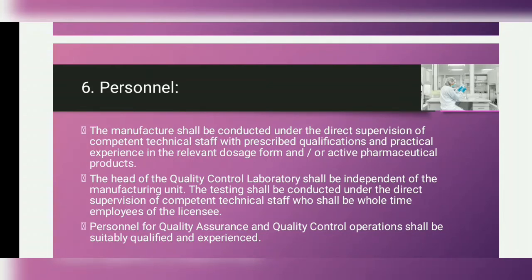The testing should be conducted under the direct supervision of competent technical staff who must be a whole-time employee of the licensee. Personnel for quality assurance and quality control operations should be suitably qualified and experienced.